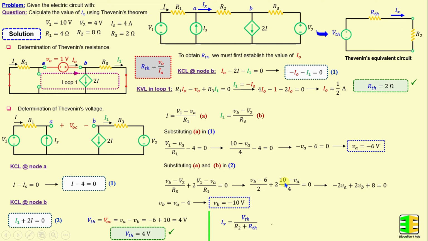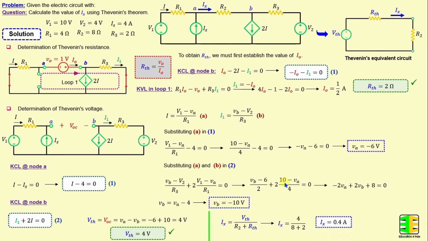If we replace VTH, R2 and RTH with their numerical values, then we obtain IX is equal to 0.4 amps. After completing the calculations, I perform a simulation using SPICE to verify our results.